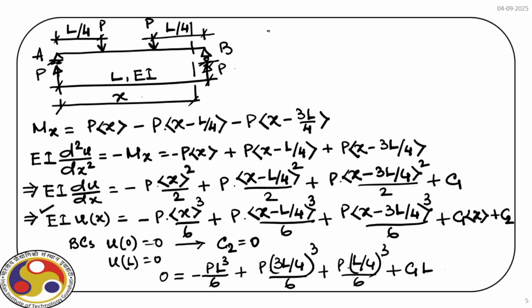C1 L is equal to PL cube divided by 6 minus, we have 3L by 4 whole cube.